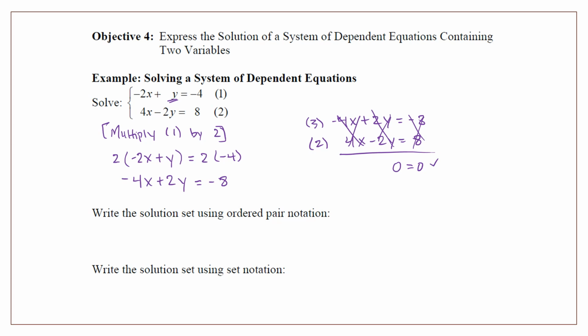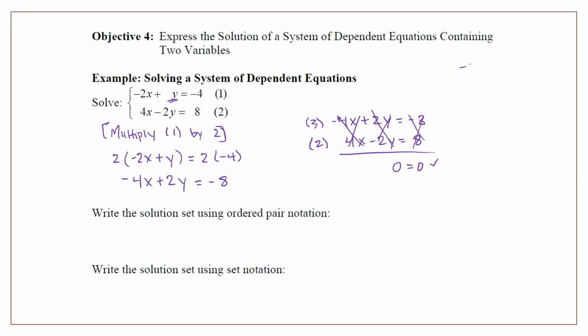So we can write the solution set using ordered pair notation. Okay. And we can write this in terms of x, or you can write it in terms of y as well. To help us do that, we are going to write our equations in slope-intercept form. Okay, so let's take the first one.